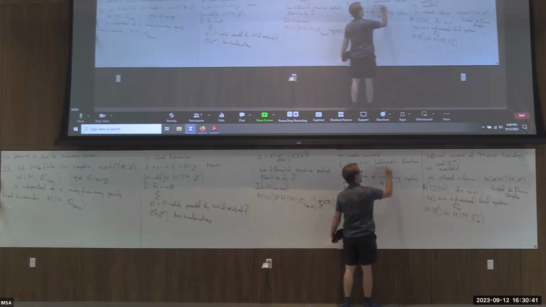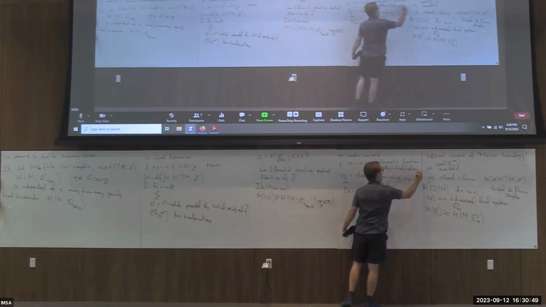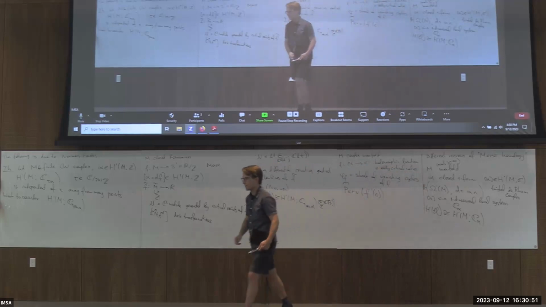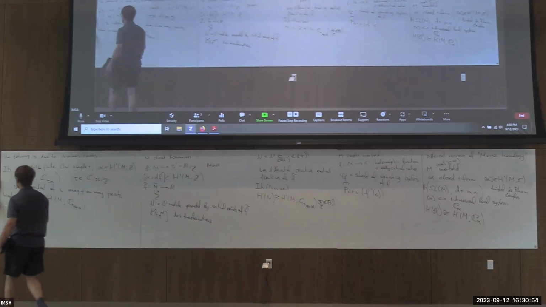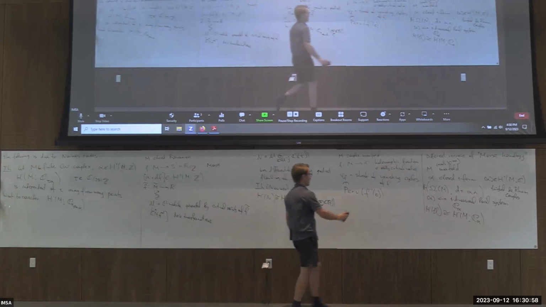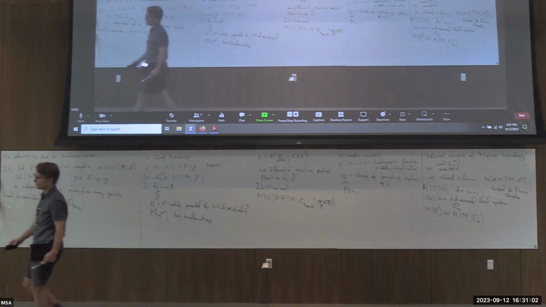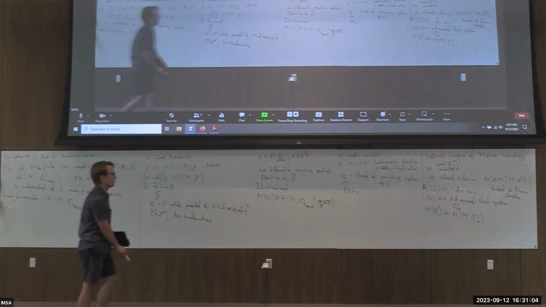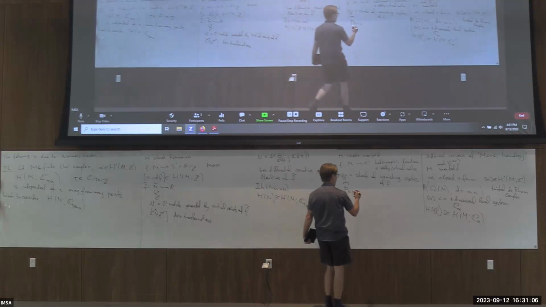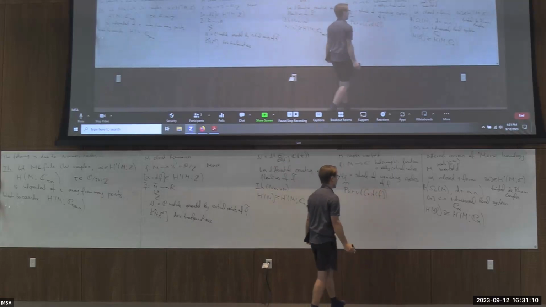Let's say 0 is the only critical value. It's a perverse sheaf on the critical locus.